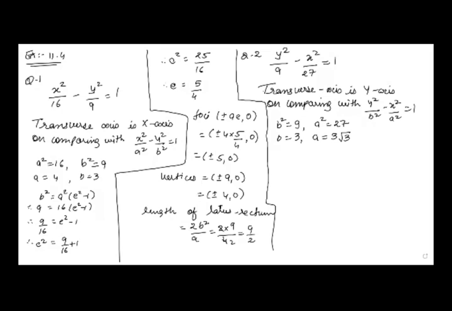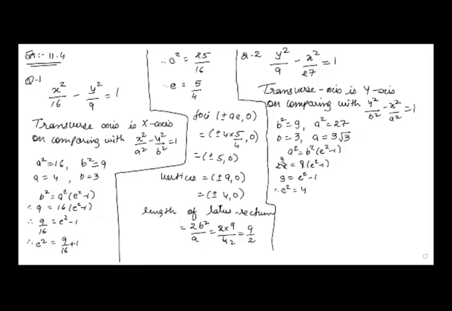27 is 9 threes, and root 9 is 3, right? So here I will apply the formula: a square is equal to b square into e square minus 1. So 27 is equal to 9 into e square minus 1. This will be 1, this will be 3. So 3 is equal to e square minus 1, and e square is equal to 4.